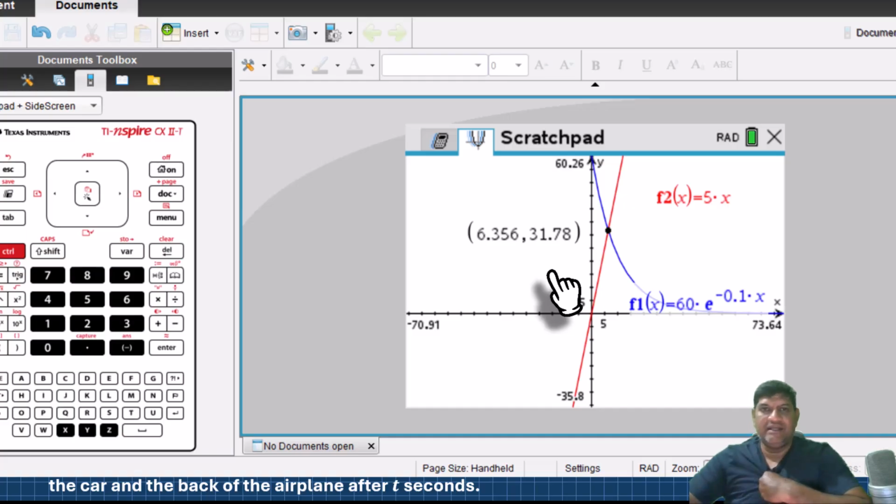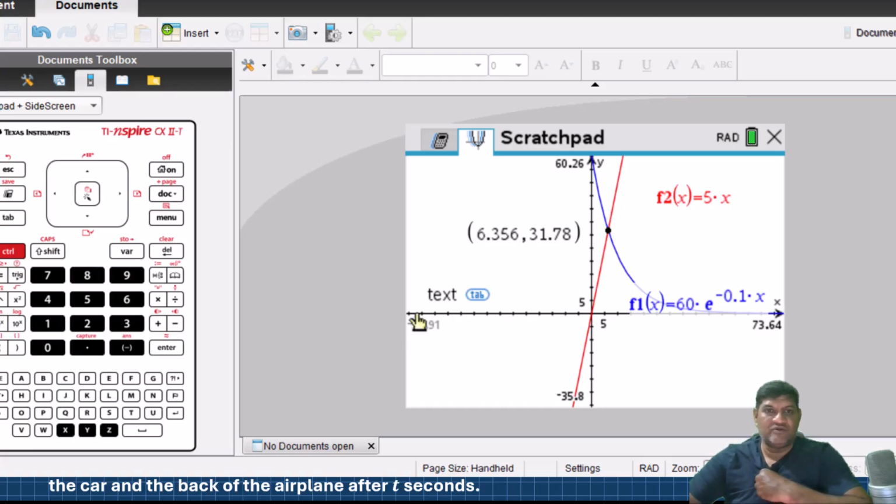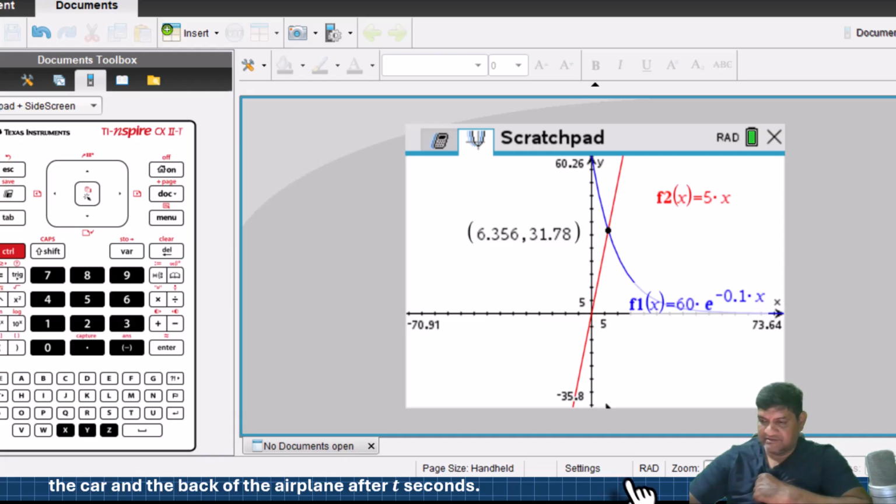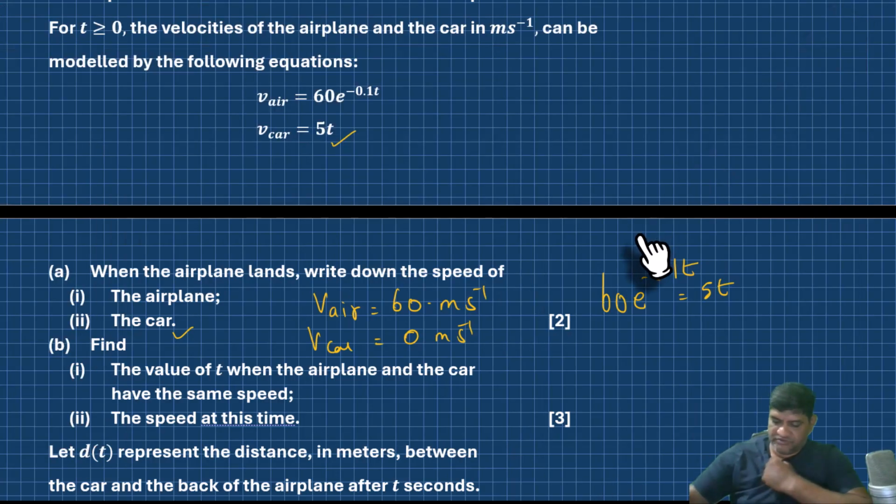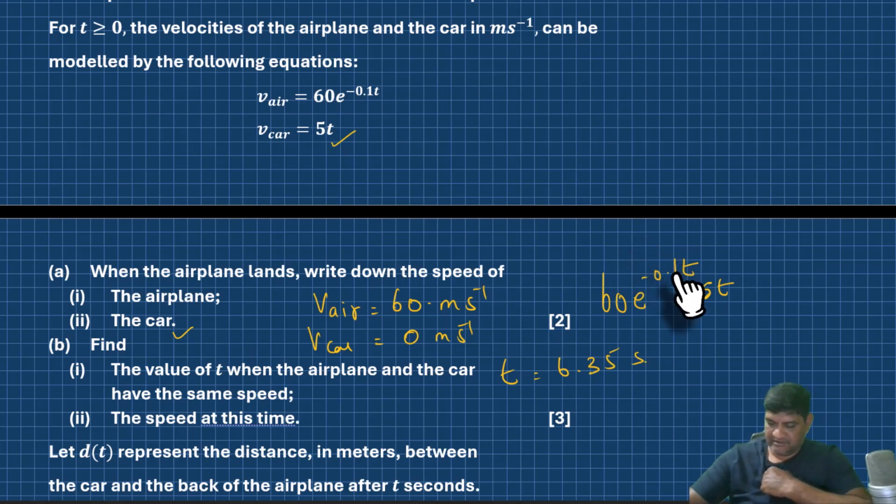So that's when the velocities are going to be the same, which is at t equal to 6.35 seconds.